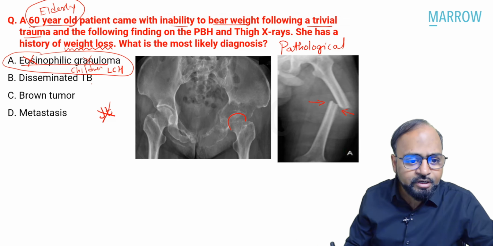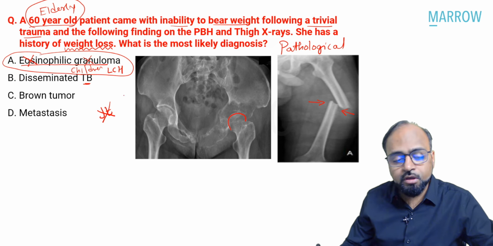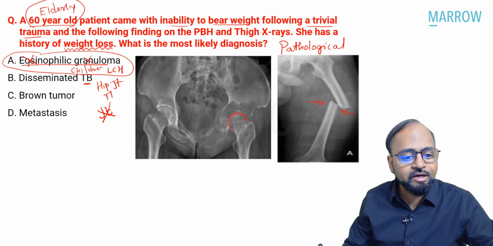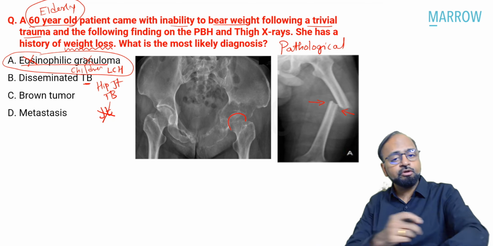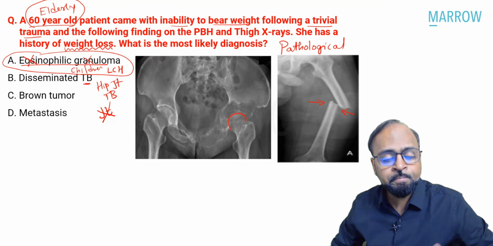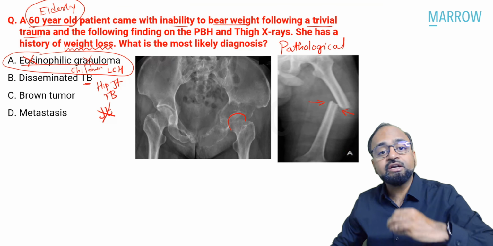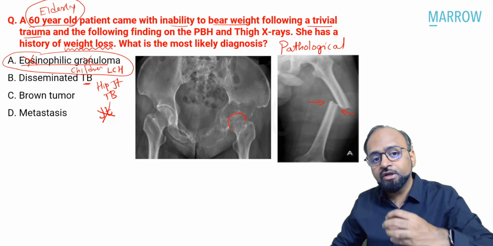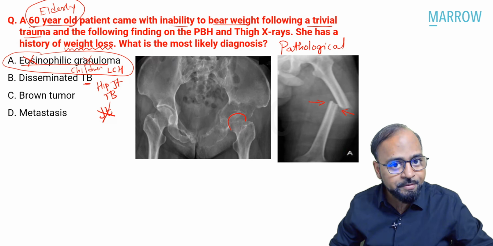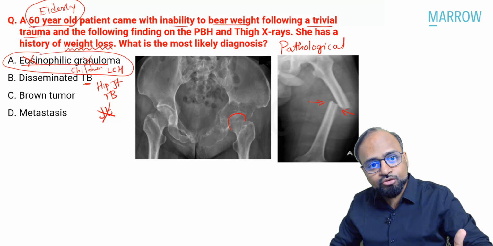Can it be disseminated TB? Now, TB around the hip joint would be hip joint tubercular arthritis. But in hip joint tubercular arthritis, we need to see the joint involvement predominantly, isn't it? So the joint needs to be destroyed, the articular surfaces need to be destroyed. There could be erosions, there could be altered density of the joint per se, followed by ankylosis of the joint.